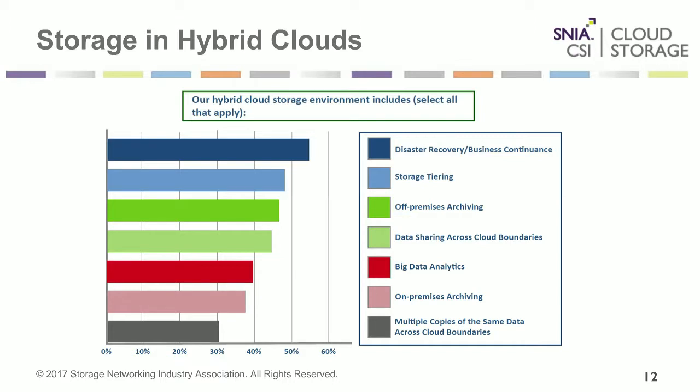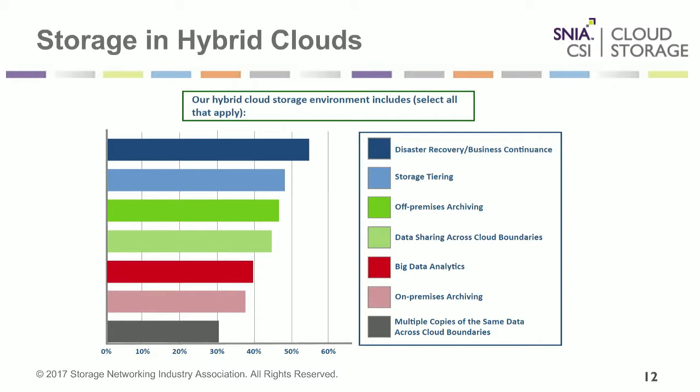So here are some of the ways IT uses storage for hybrid cloud. Again, disaster recovery rises to the top of the list, but now you see some other things that storage does in a hybrid cloud environment. There's increasing use of on and off premises storage, and the integration between them for storage tiering, as well as off-premises archiving.